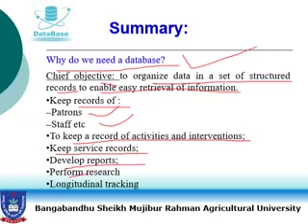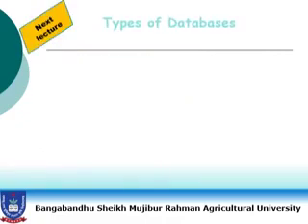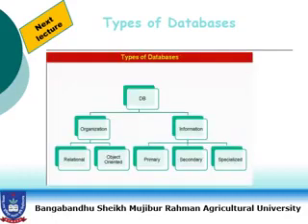Now we can discuss what we will cover in our next lecture. Suppose types of databases we will try to discuss in detail, and then we will discuss file formats. After that we will try to discuss categories of databases for life sciences.